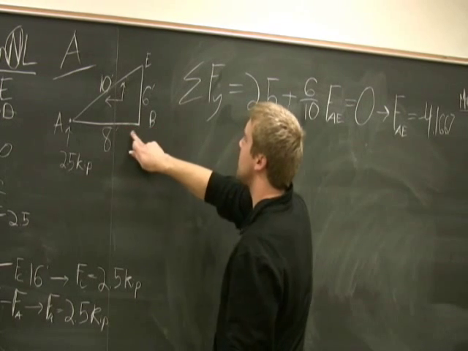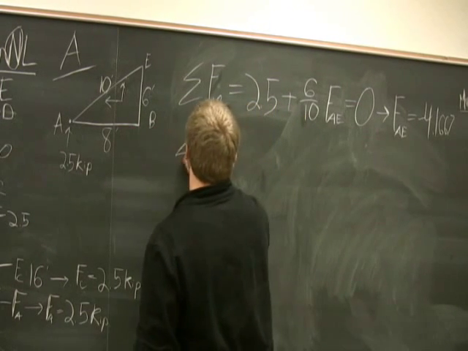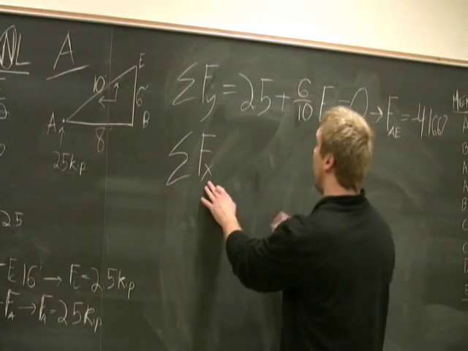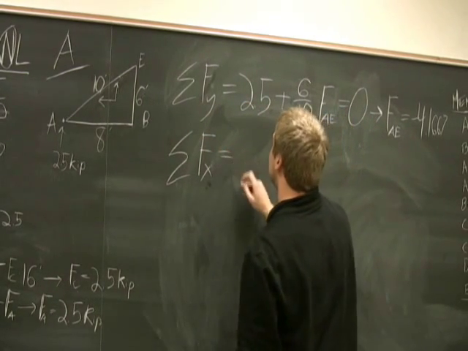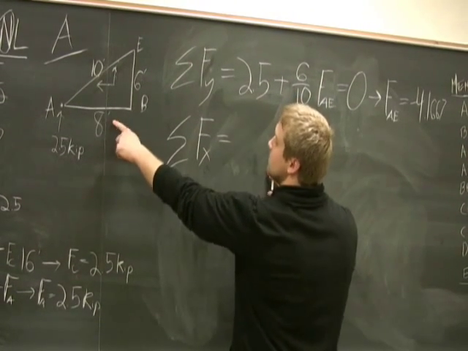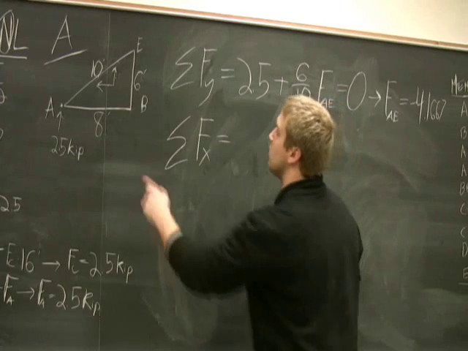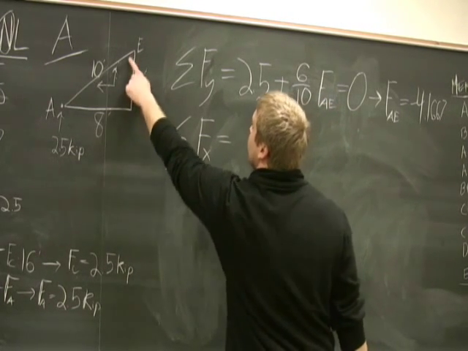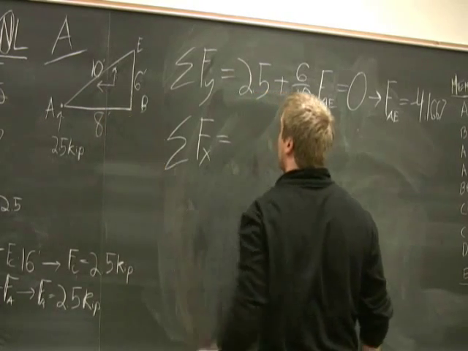Now, we know we also have a horizontal force in member AE, so we need to find the counteracting force in member AB. So the sum of our forces in the horizontal direction is equal to, by a variation of the sine rule, 8/10 multiplied by our force in AE, which gives us our horizontal force.